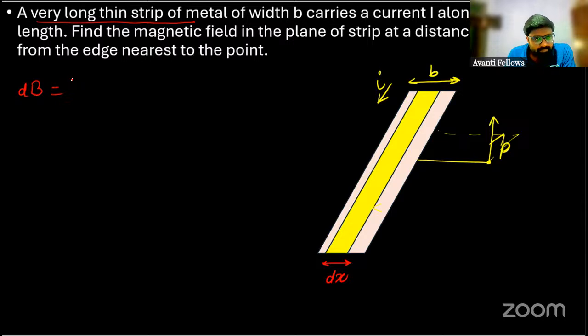So it will be mu naught upon 4 pi into current, let's say I dash. A is the distance from this point. ठीक है. और इस dx width से इस point की distance कितनी है? x है. So it will be mu naught I dash upon 4 pi x. I dash is the value of current in this particular strip of width dx.